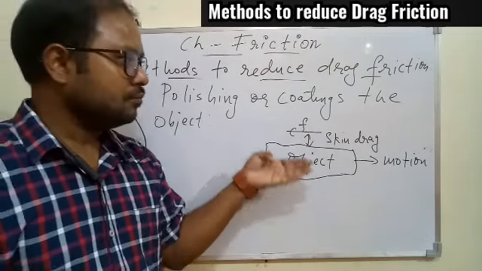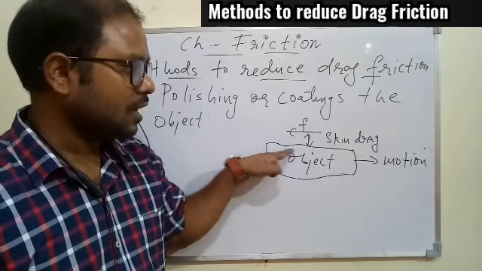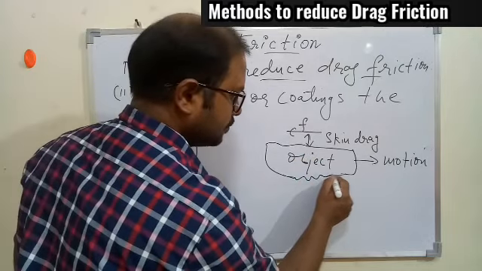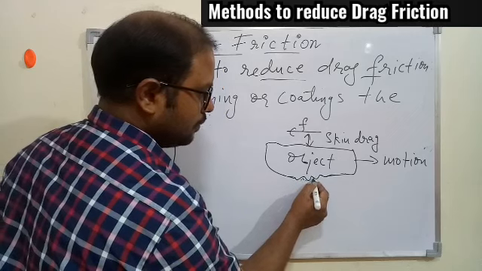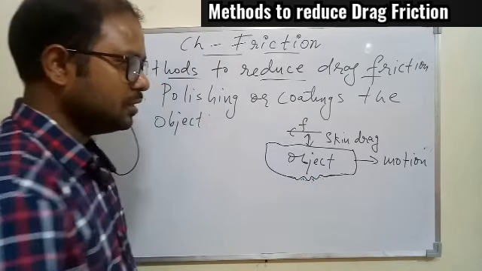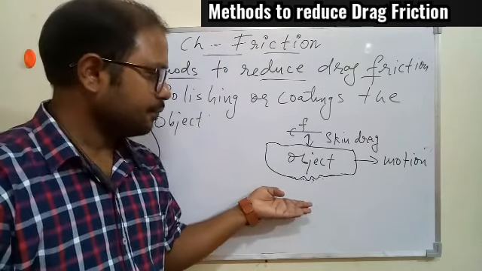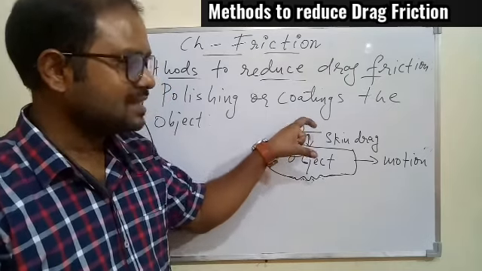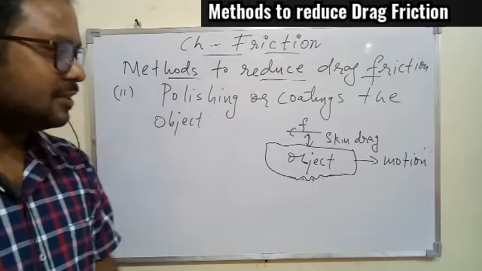So skin drag mostly takes place because of the irregularities of the surface. We know the more the irregularities, the more space for the molecules of the fluid to occupy, and the more molecules of the fluid, the more the skin drag, that we understood in the previous class.